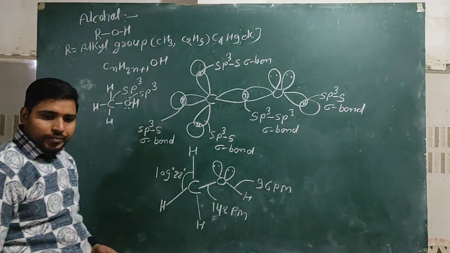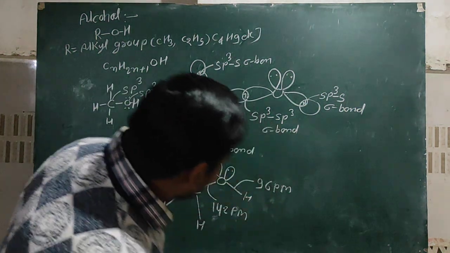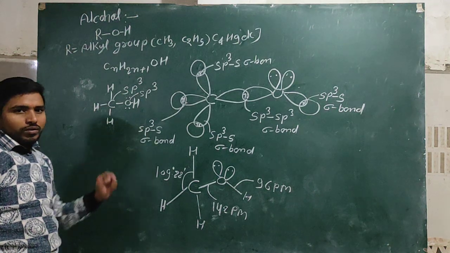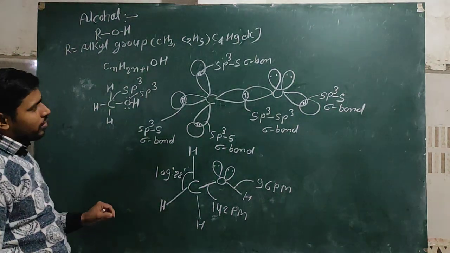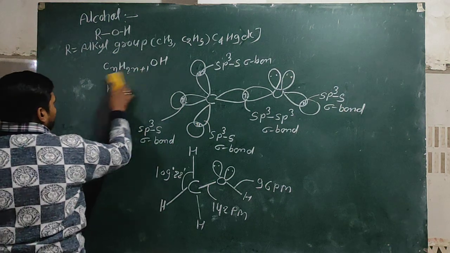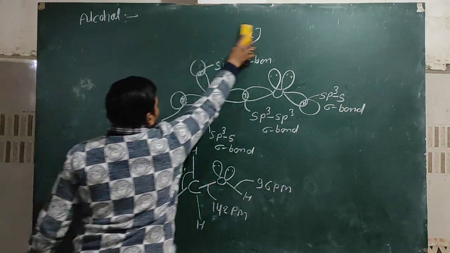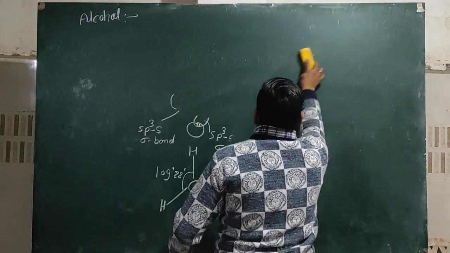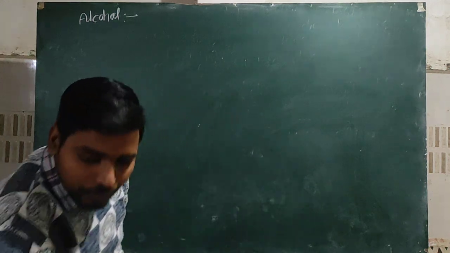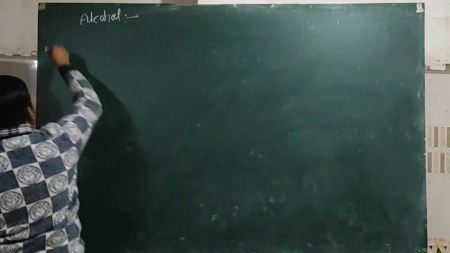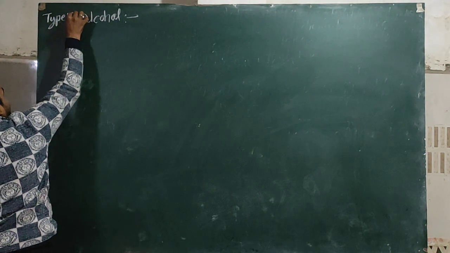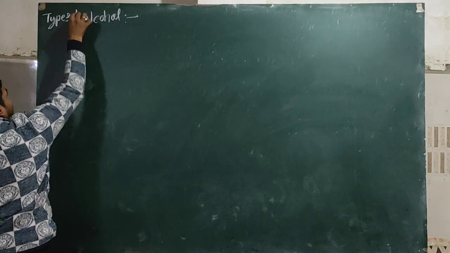But after the knowledge of the structure of alcohol, we try to understand what are the types of alcohol. The second topic of alcohol is types of alcohol.